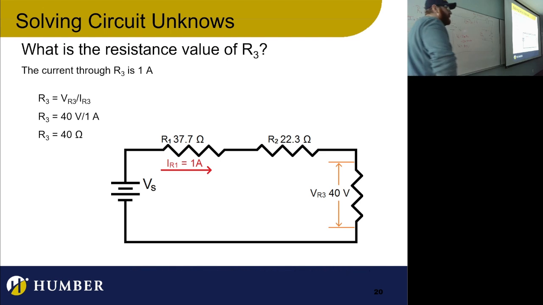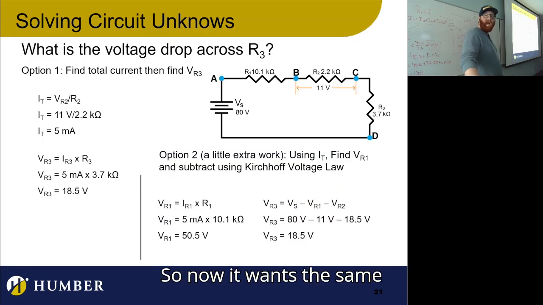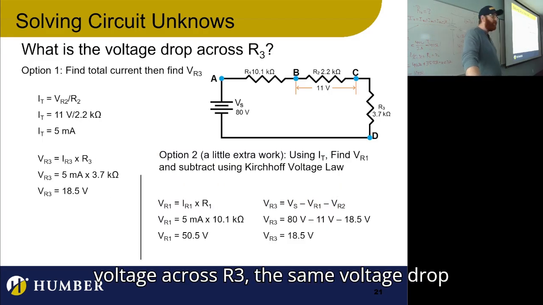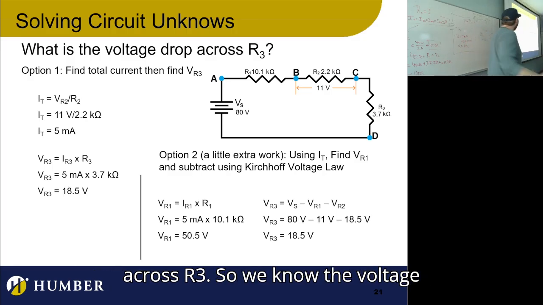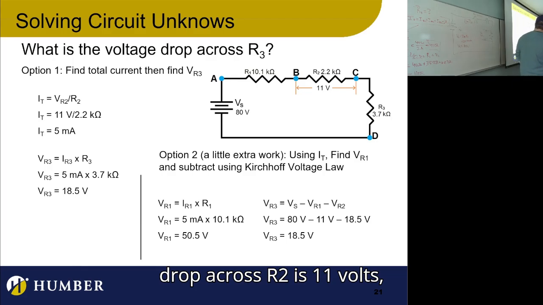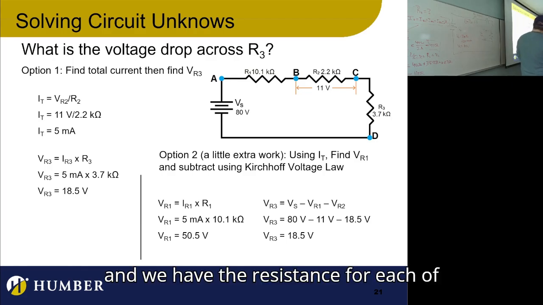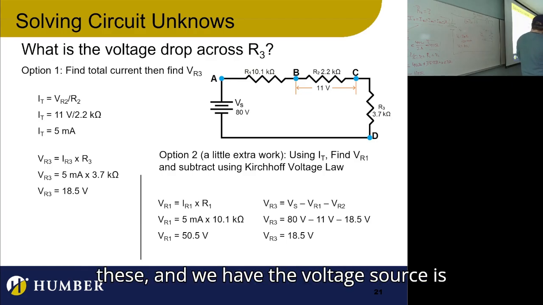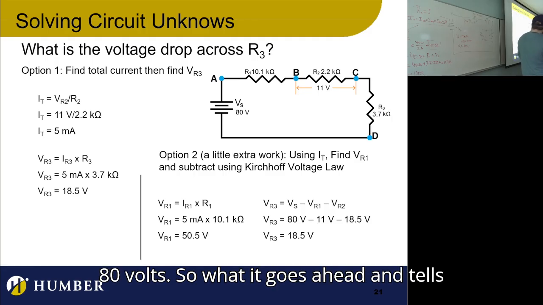Here we are. So now it wants the same voltage drop across R3. We know the voltage drop across R2 is 11 volts, we have the resistance for each of these, and the voltage source is 80 volts.